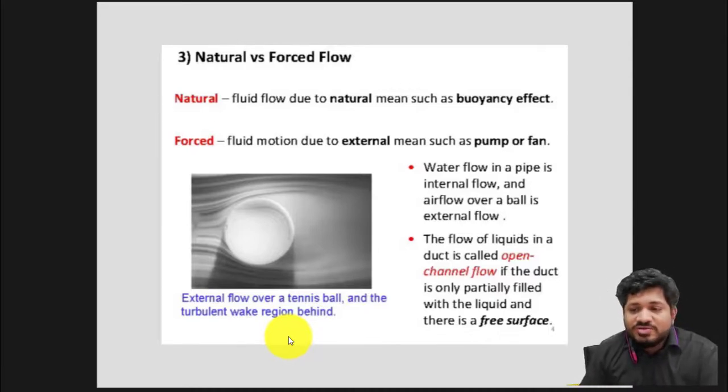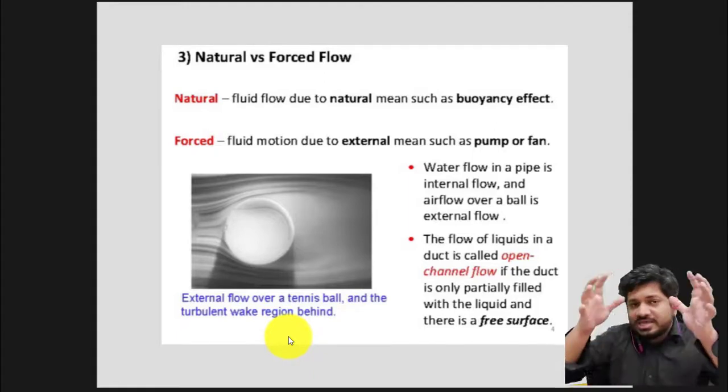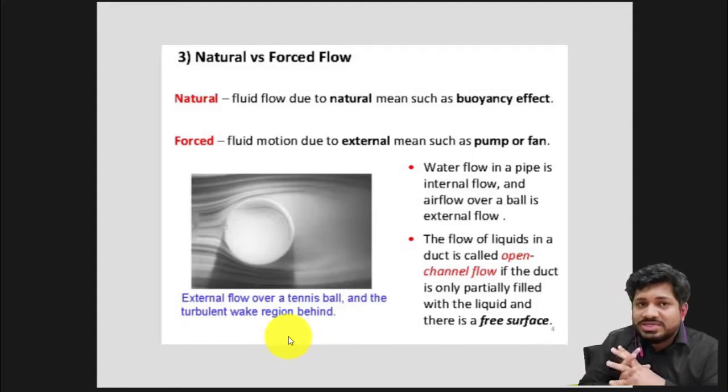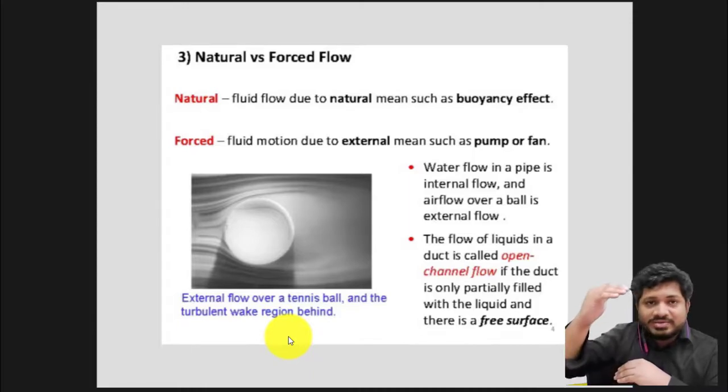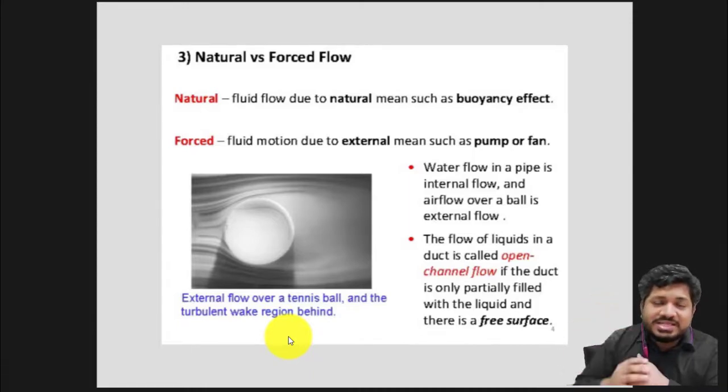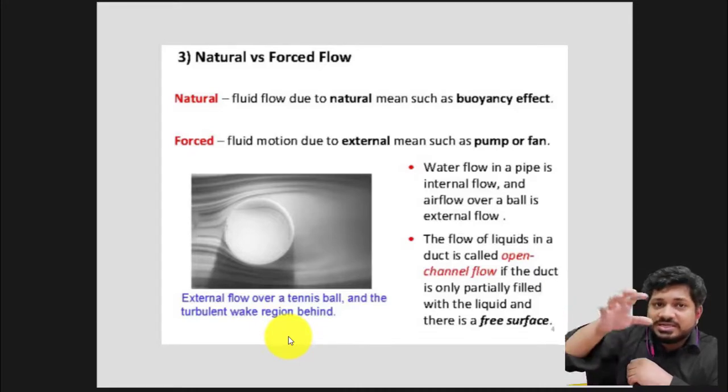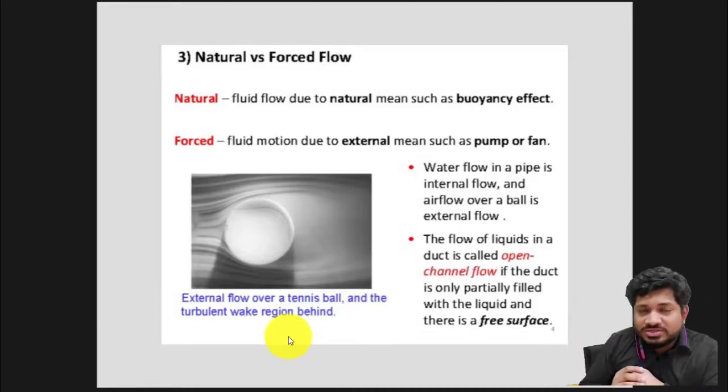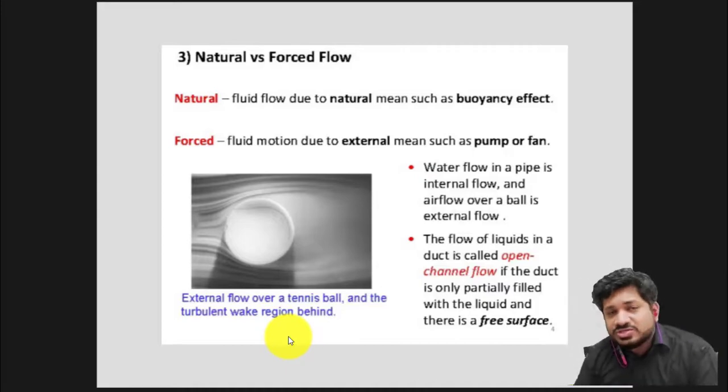For example, a warming fluid rises in a container due to density difference. As we saw in the hot air balloon example, it is due to buoyancy that the convection or the movement of the air takes place. So this is also an example of natural flow.